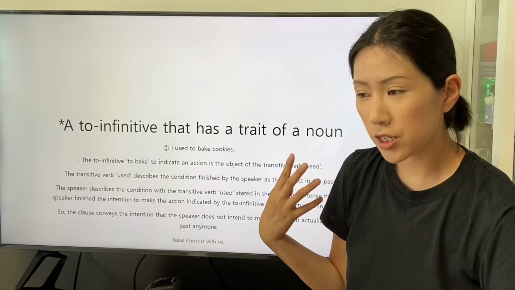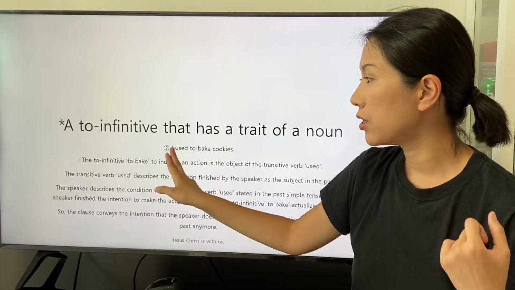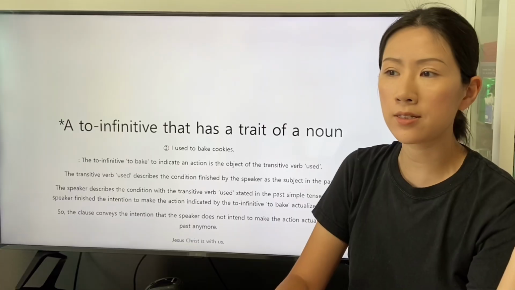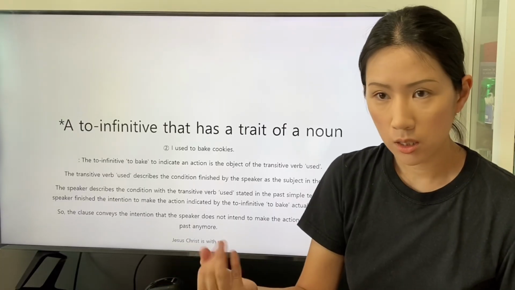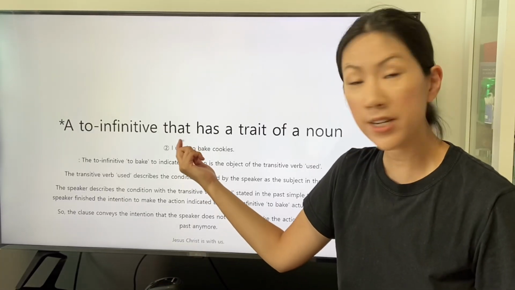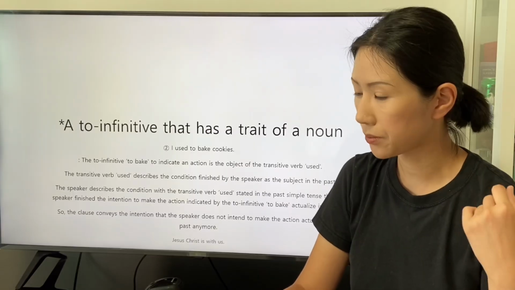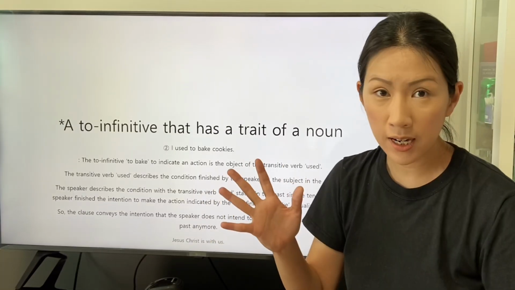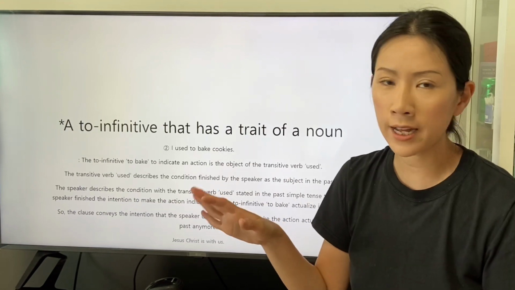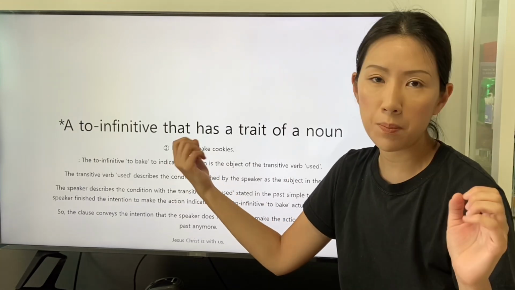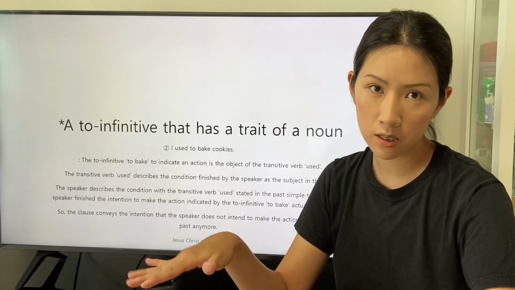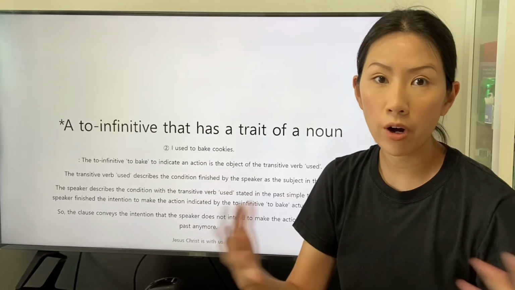The listeners can understand that the speaker actualized a condition described by the transitive verb used, and we can understand that the speaker does not actualize the condition described by the transitive verb used at the present anymore.